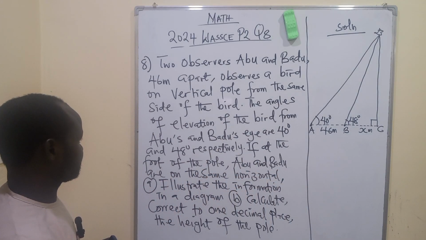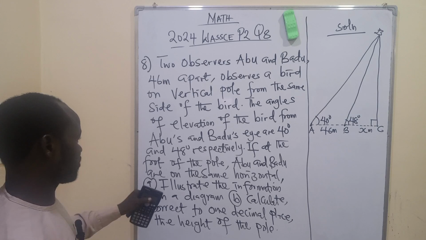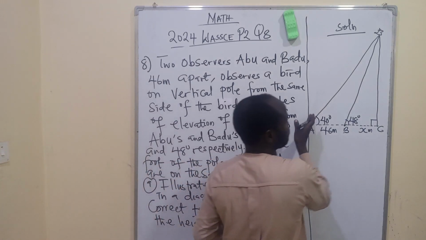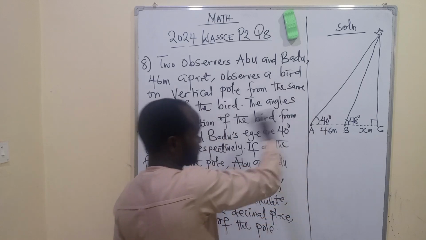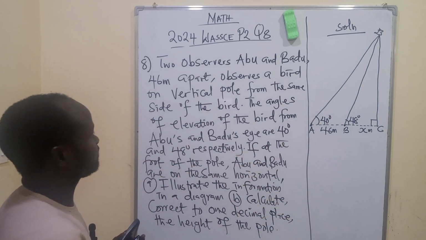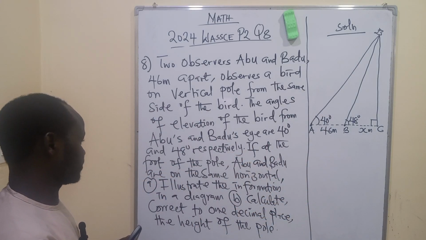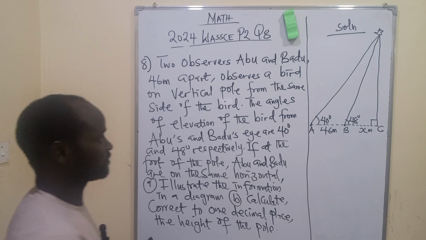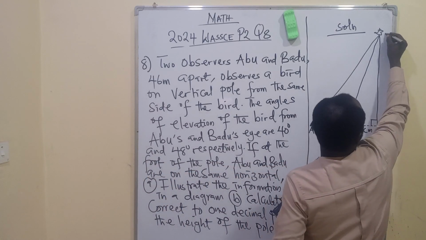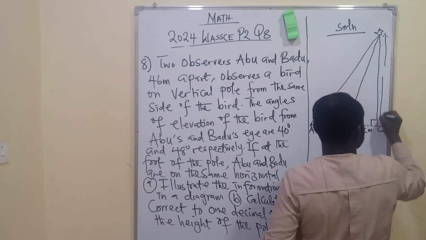The question says at the foot of the pole, Abu and Badu are on the same horizontal level, and they are looking at the bird from the same side of the pole. Then we calculate, correct to one decimal place, the height of the pole. So we are looking for this height here.